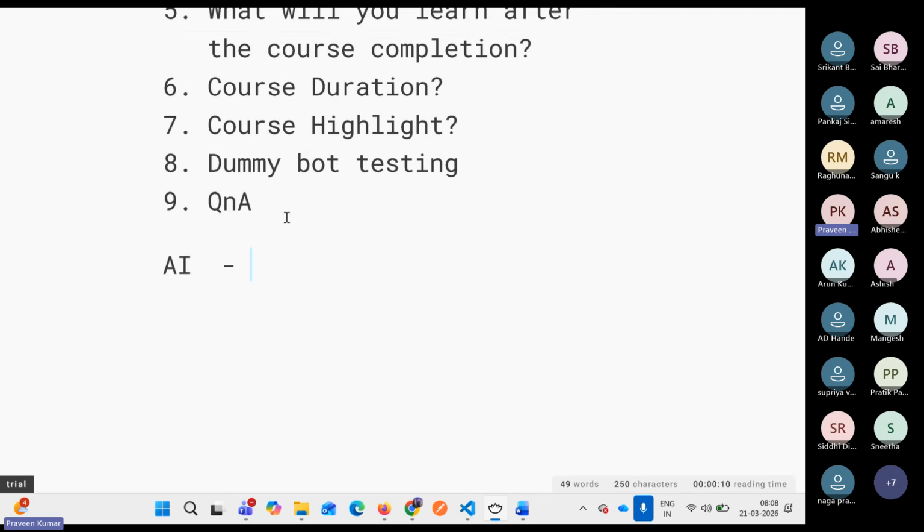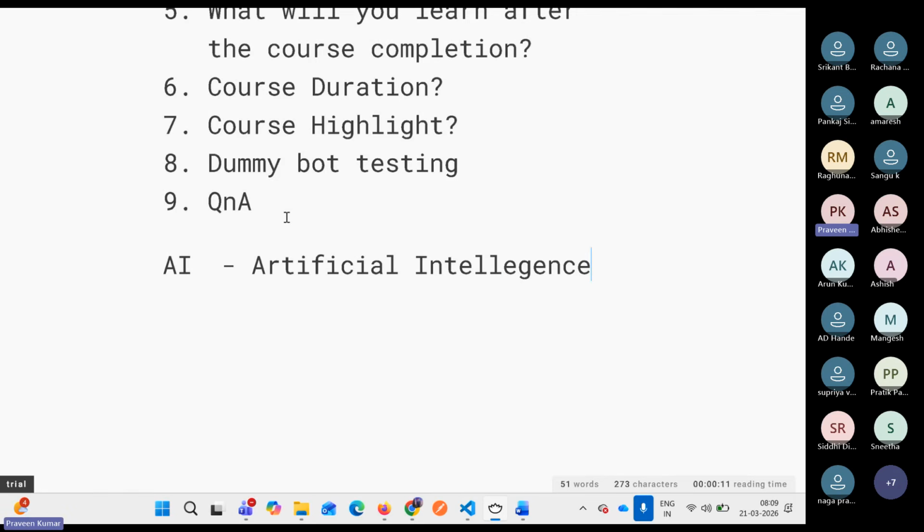So AI stands for artificial intelligence. Most of you might know artificial intelligence, but what is artificial intelligence?